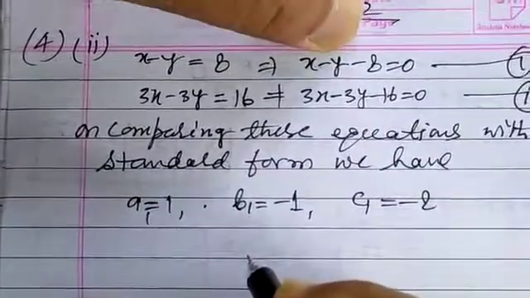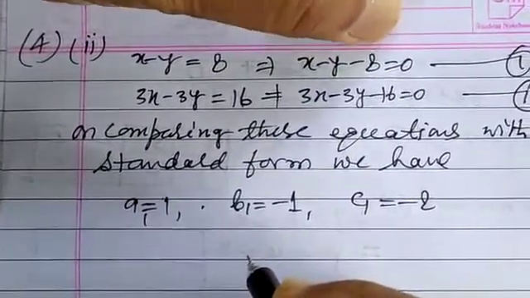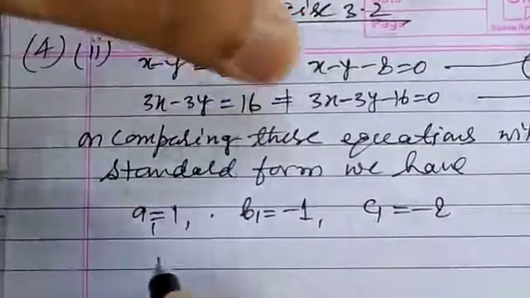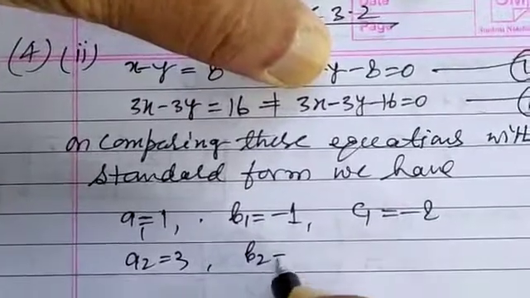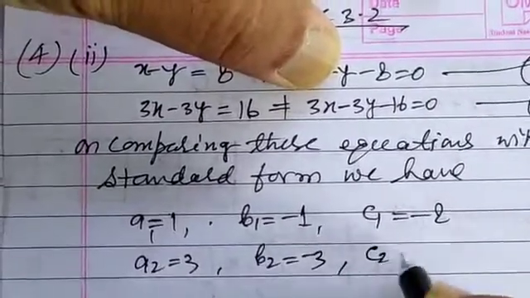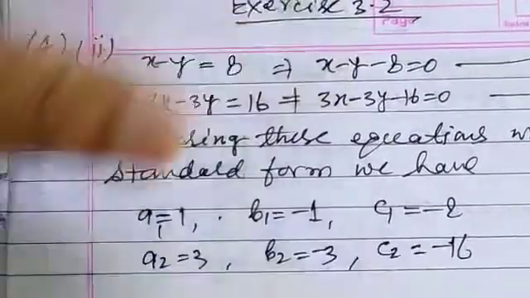Coefficient of x is 1, coefficient of y is minus 1, and the constant term is minus 8. Similarly, A2 is 3, B2 is minus 3, and C2 is minus 16.